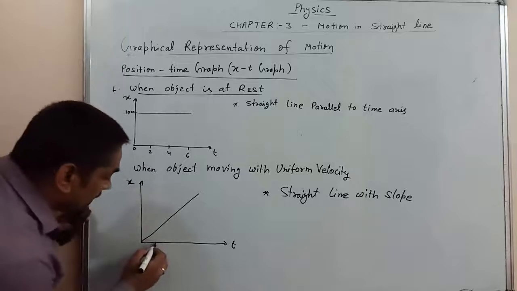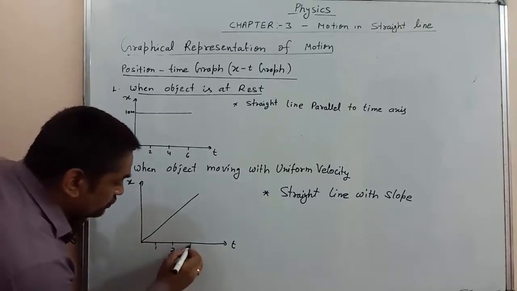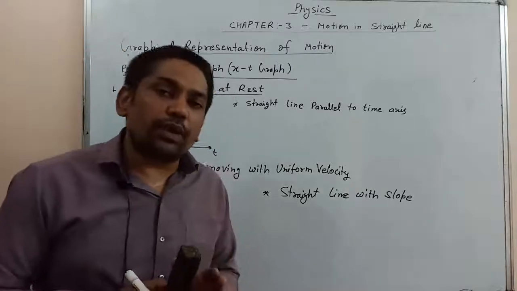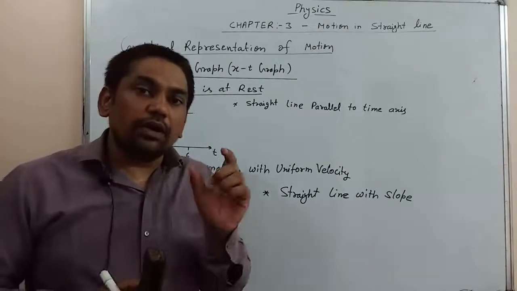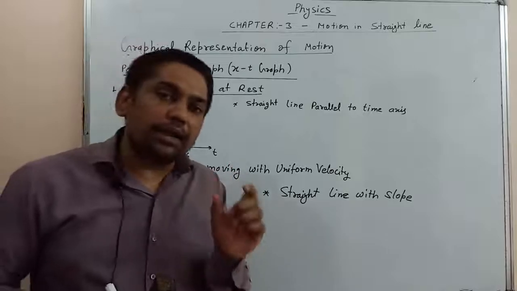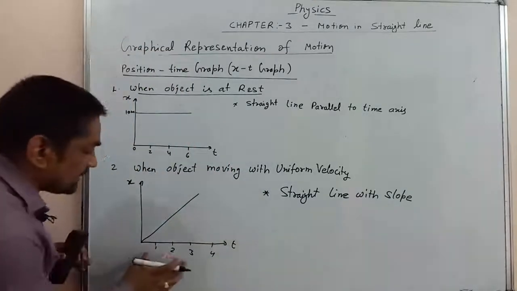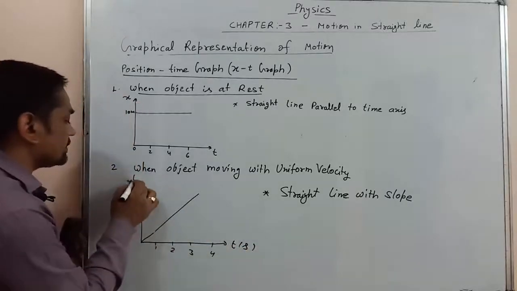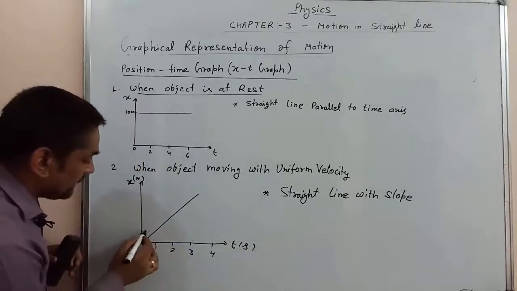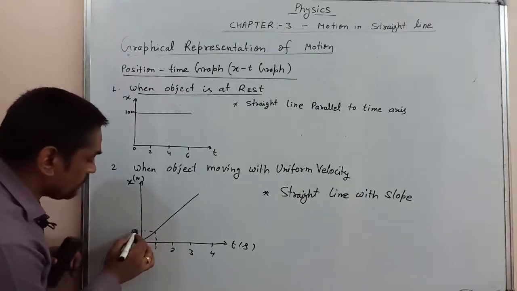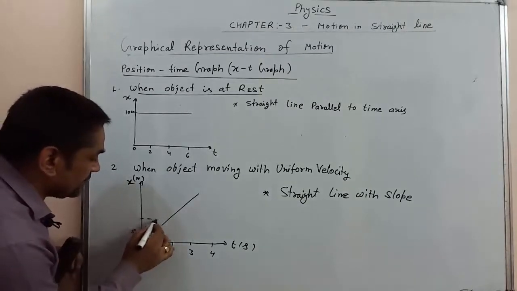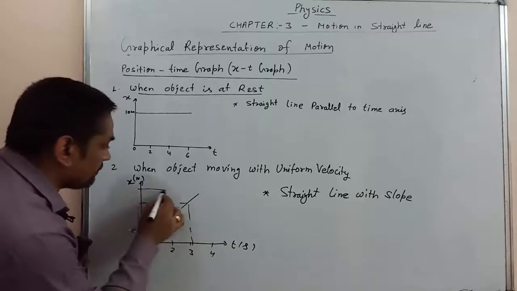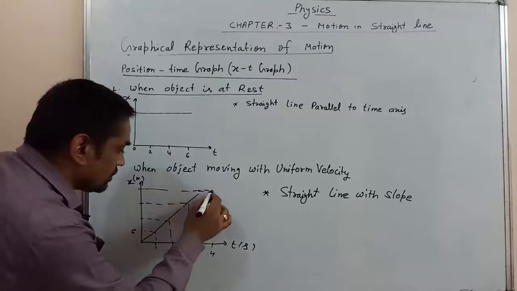How? We take 1 second interval, 1, 2, 3, 4. What is the meaning of uniform velocity? If an object covers equal displacement in equal time interval. So this is equal time interval, 1 second. And this is displacement. So after 1 second, the displacement is 5. After 2 seconds, the displacement is 10. After 3 seconds, the displacement is 15. After 4 seconds, the displacement is 20.